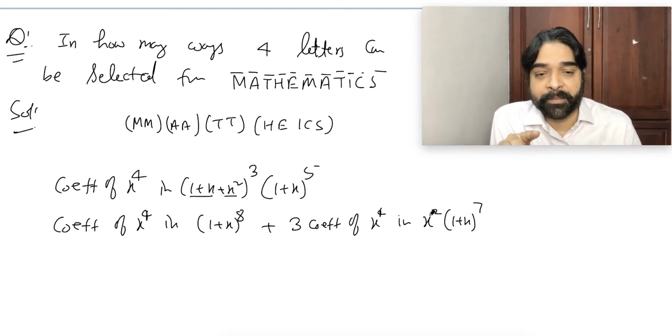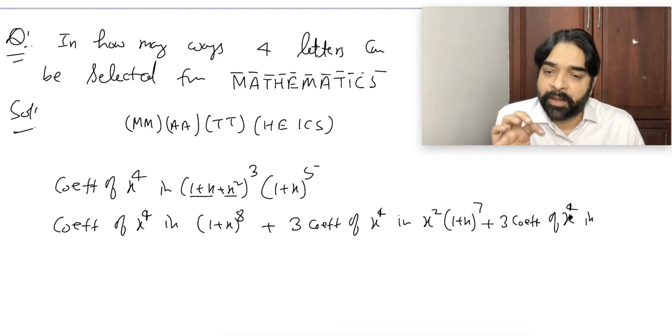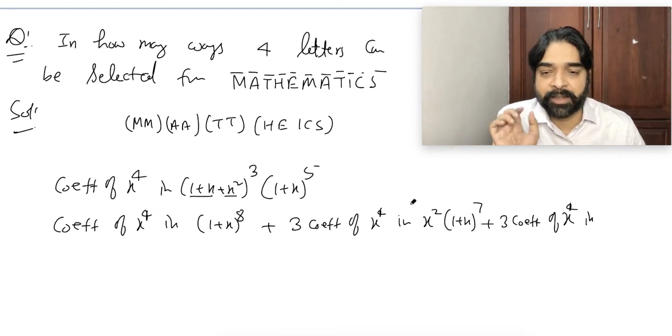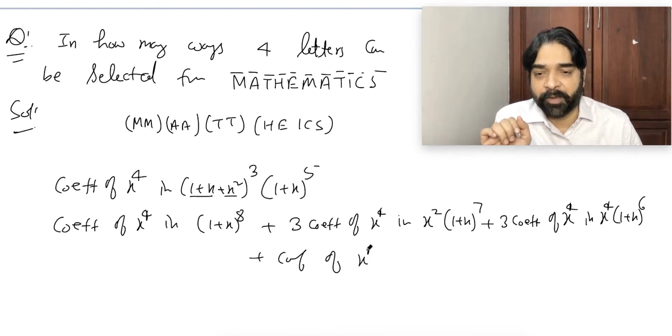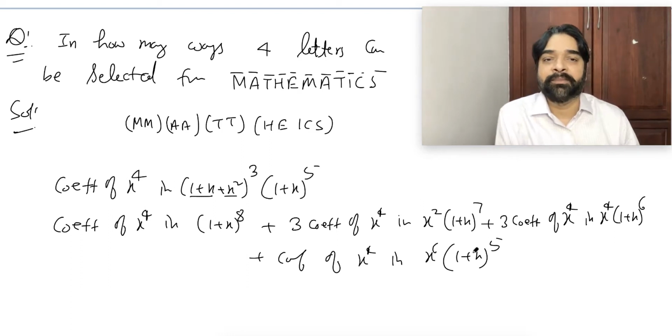Using 3a square b, plus 3 into coefficient of x power 4 in (1 plus x) power 6, plus coefficient of x power 4 in x power 6 into (1 plus x) power 5. I hope all of you understood what I did.